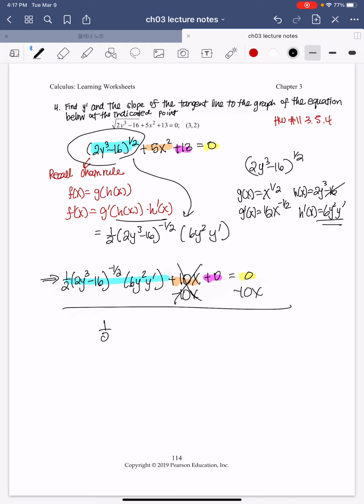So 1/2 (2y cubed minus 16)^(-1/2) 6y squared y prime equals negative 10x. Now I need to move everything except y prime. This is a multiplication, so I can divide the whole thing except y prime.